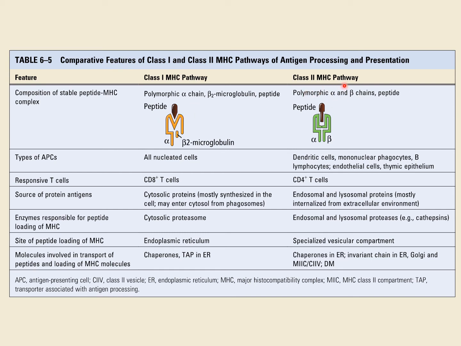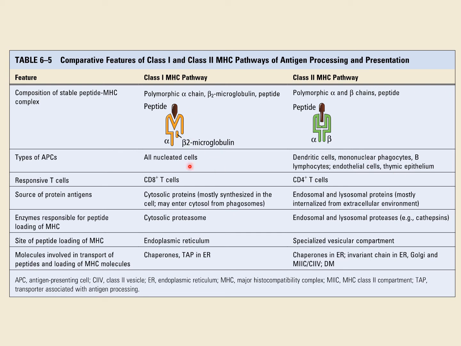In the MHC class 2 pathway, the complex is formed between alpha and beta chains and the peptide. The class 1 MHC pathway can be carried out by any nucleated cell, which can act as an antigen presenting cell. However, the class 2 pathway can only be carried out by dendritic cells, mononuclear phagocytes, B lymphocytes, endothelial cells, and thymic epithelium.